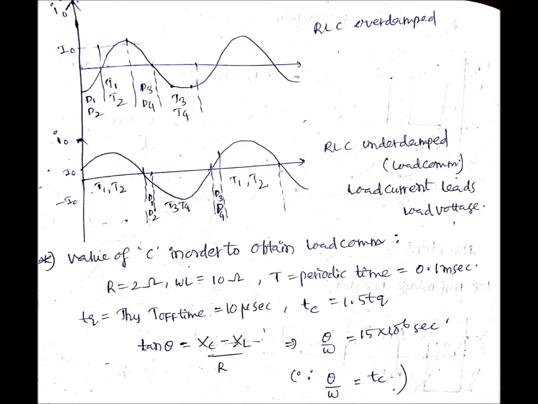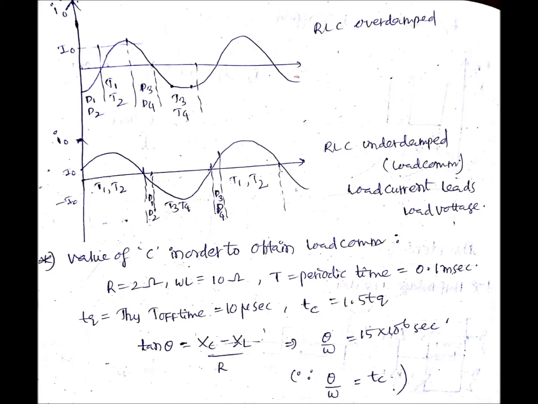So this is very important actually, the RLC case, because there are two different cases, overdamped and underdamped. Now in some questions they will ask you to find the value of C in order to obtain load commutation. So what is meant by load commutation?